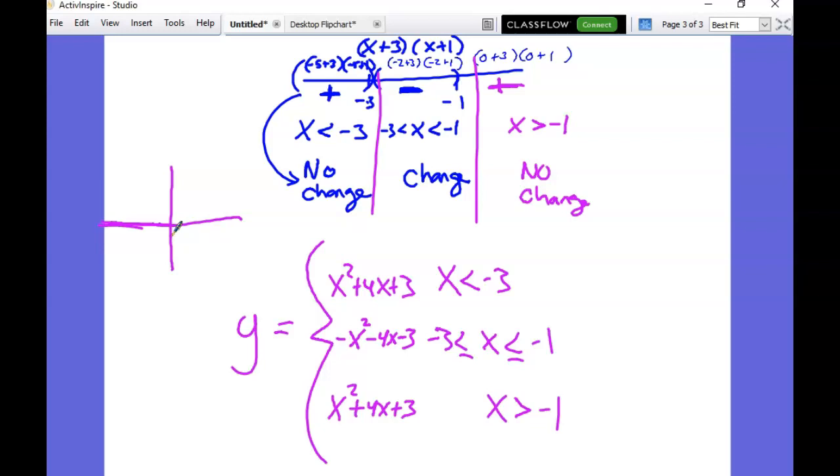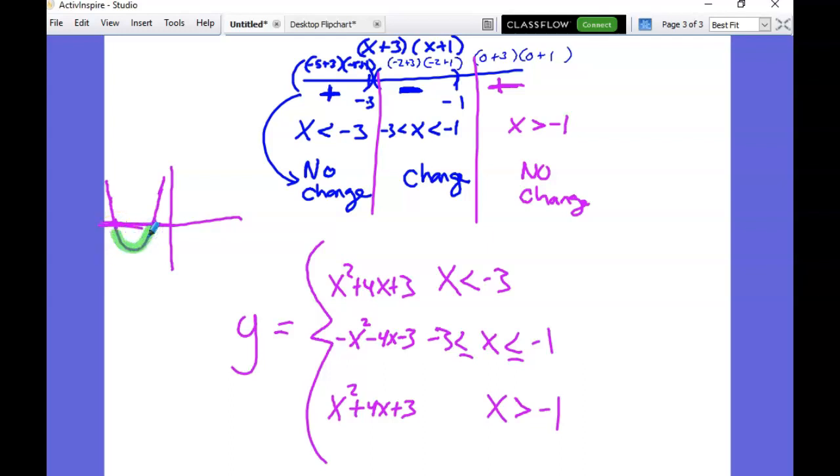So let's graph. I'm going to graph this. You don't have to do this, but I'm going to graph this. What kind of shape is this, you guys? It's a parabola, and it touches the x-axis at -1 and -3. So it's going to look something like this, right? Now, where are the y values negative on this graph? When x is between -3 and -1.